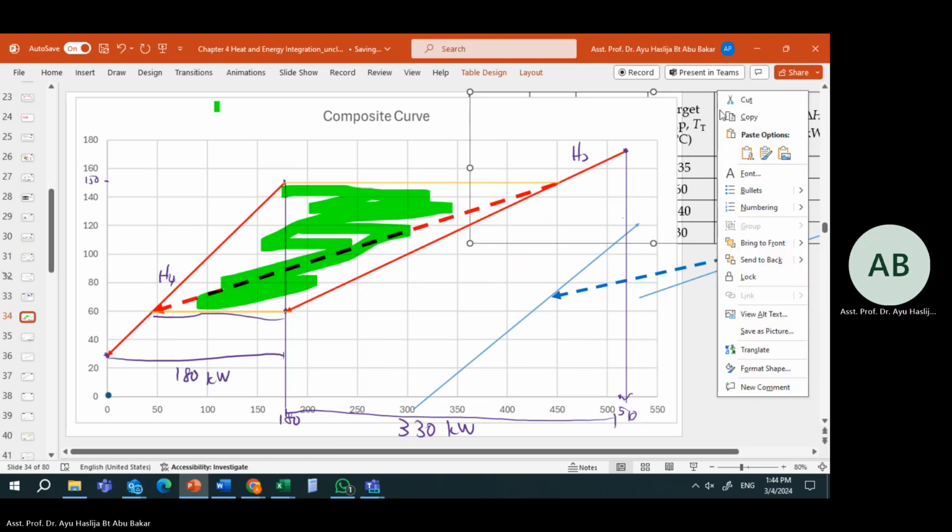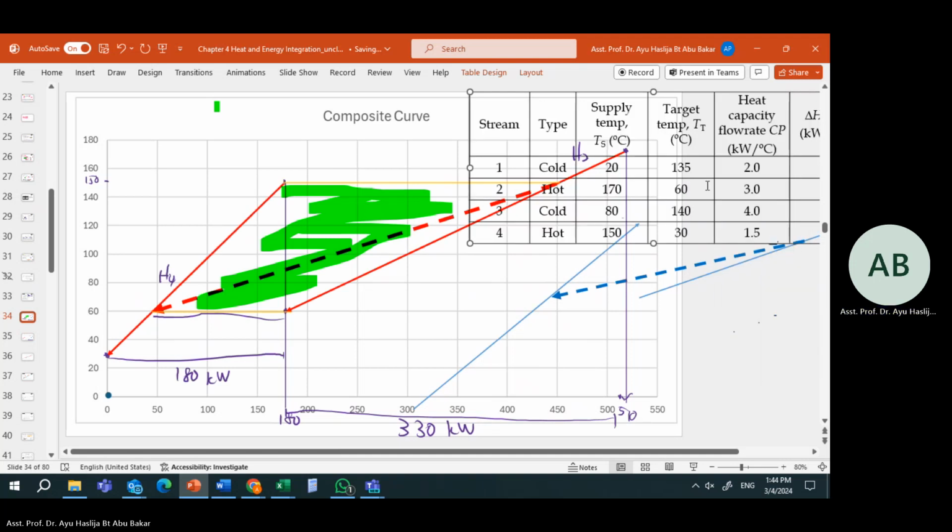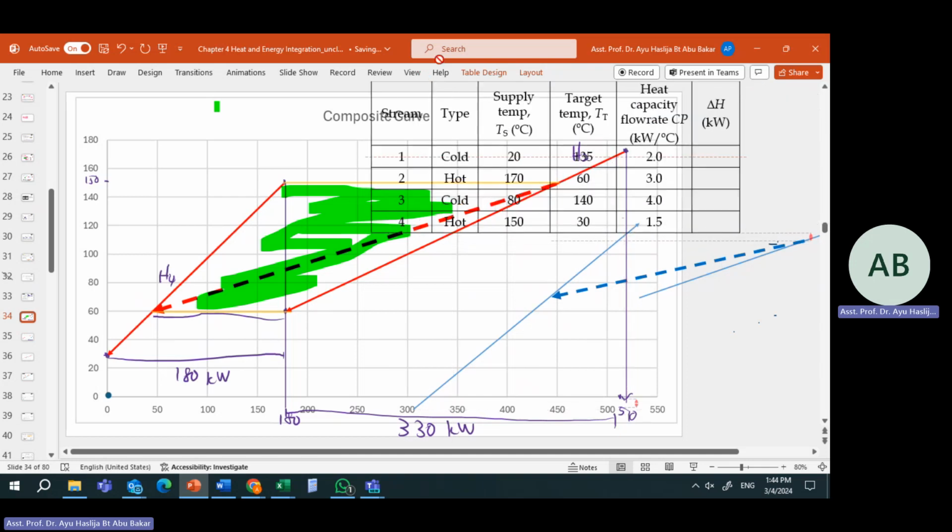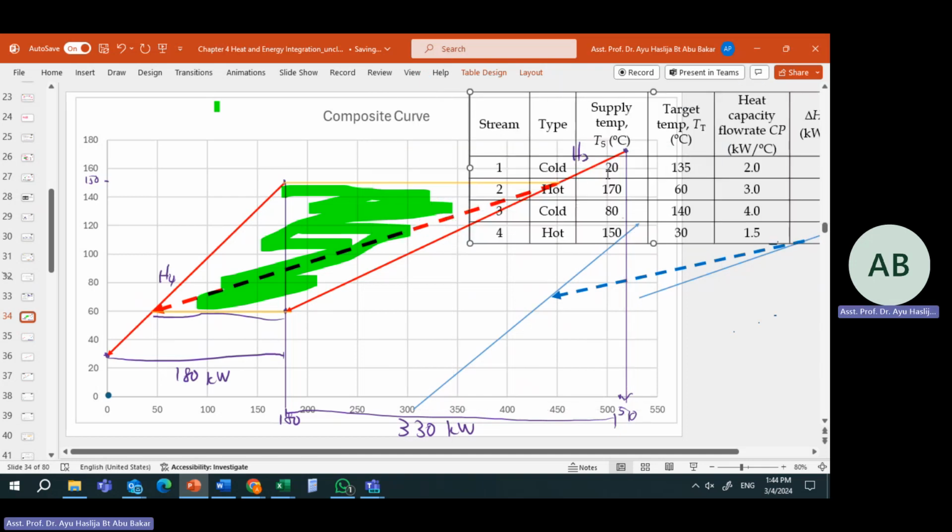Cold stream, stream 1 and stream 3. So stream 1 from 20 to 130. Stream 3 from 80 to 140.